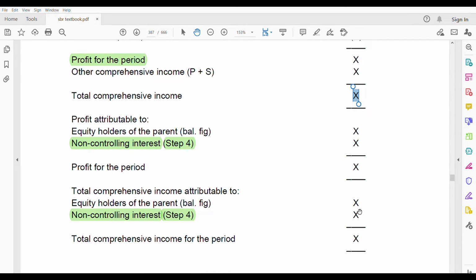Okay. So your total comprehensive income and profit, you know. For NCI, you know. So these are easy to calculate because these are the balancing figure for equity holders of the parent. So for the parent, it's always the balancing figure. Because you know the total profit and you know the total TCI. You know the NCI proportion of it also. So now the rest is the balancing figure for the equity holders.